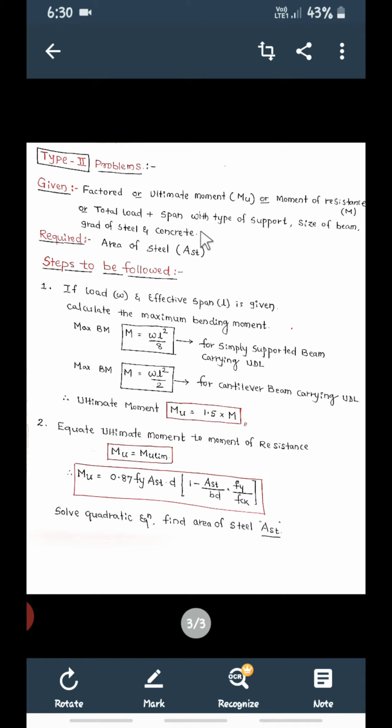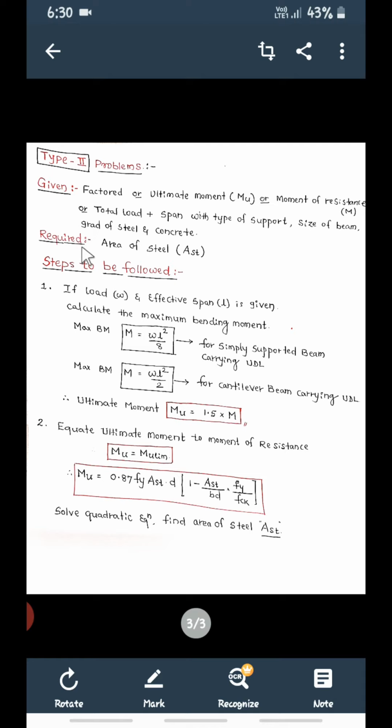Then we need to calculate the maximum bending moment. Then the size of the beam will be given, and the grade of steel and concrete will be given. So the only change is that here we directly get the moment of resistance Mu or Mu limit, or the total load plus span will be given, and you can calculate Mu or Mu limit.